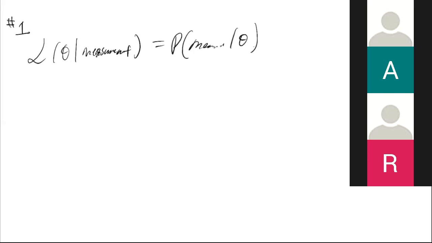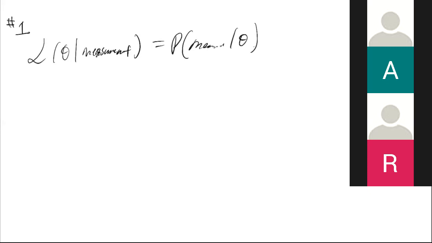So remember before, if there's only one measurement, we're doing the likelihood of theta given that specific measurement, which is defined to be the probability of that measurement given the parameters theta.